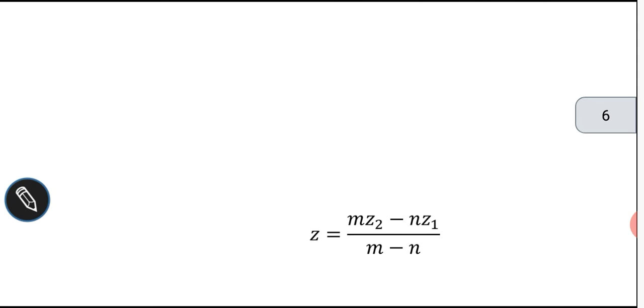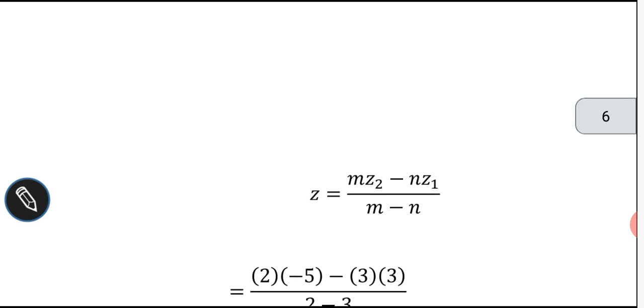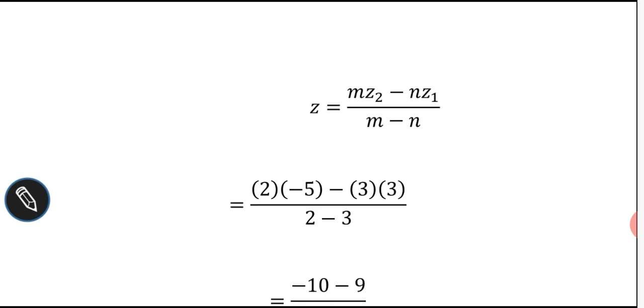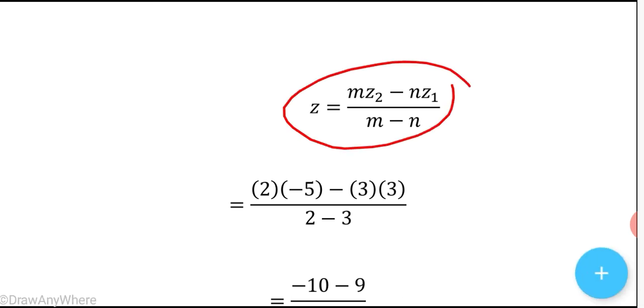Okay, so z is equal to m z2 minus n z1 divided by m minus n. Now plug in the values of m, z2, n, z1 in this formula. So the equation becomes 2 into minus 5 minus 3 into 3 divided by 2 minus 3.